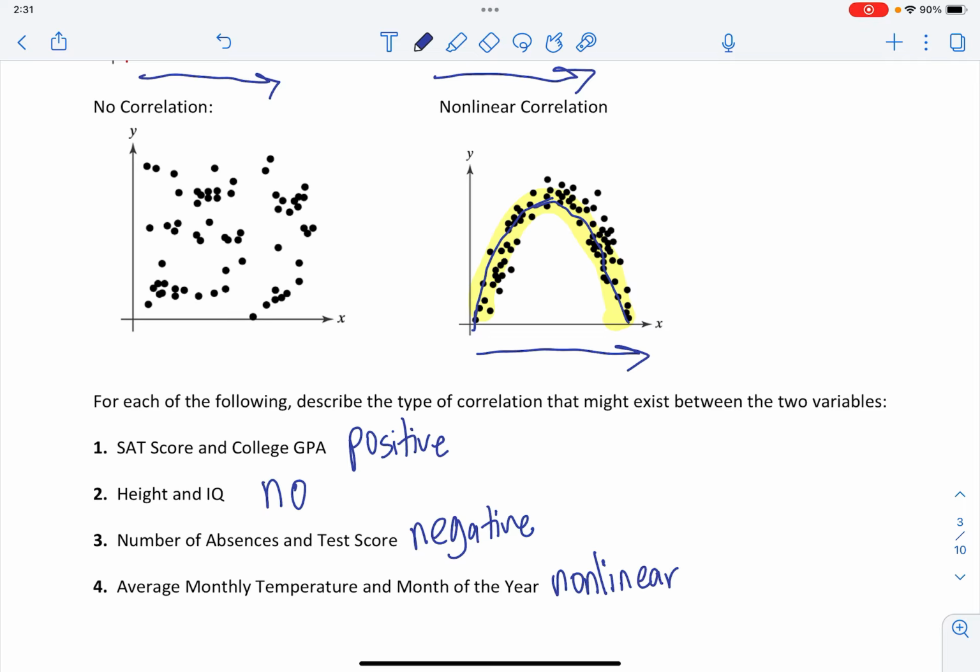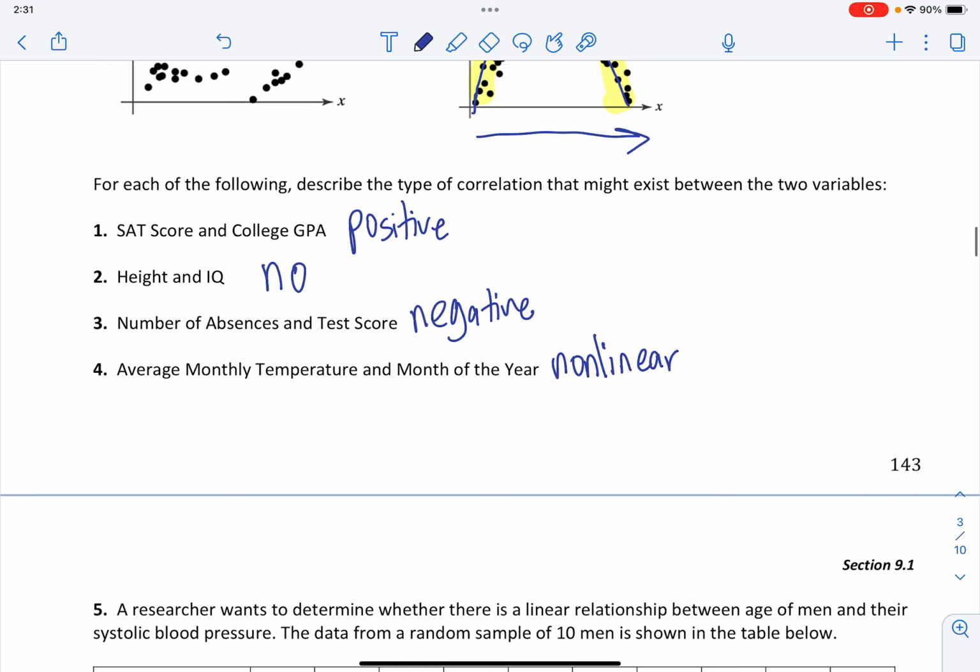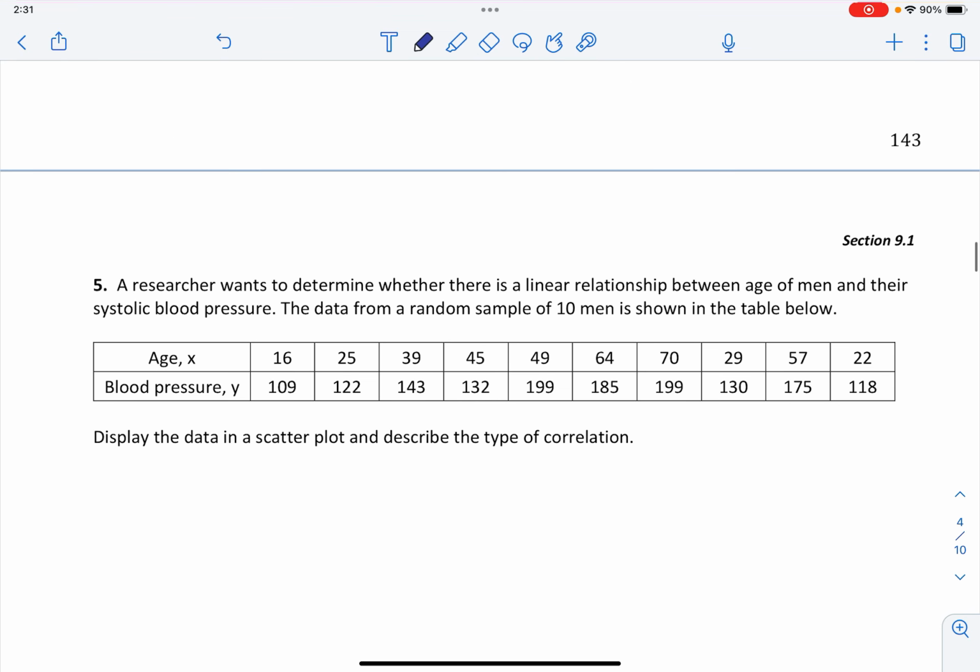Okay. Let's look at a data set. Here we have a study. We have age of men versus systolic blood pressure, and we're looking at if there's any sort of patterns in the data. So it says, let's display this data in a scatter plot and describe the correlation.